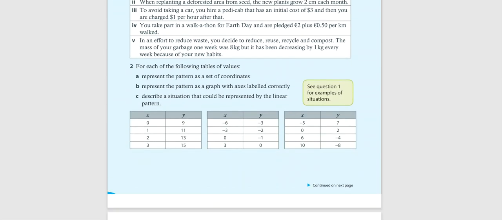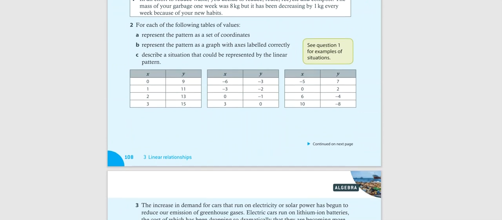But what you are going to do now, for each of those tables, is represent the pattern as a set of coordinates. Now how to do that? Like we've just been doing. So, maybe I can do the first one with you.